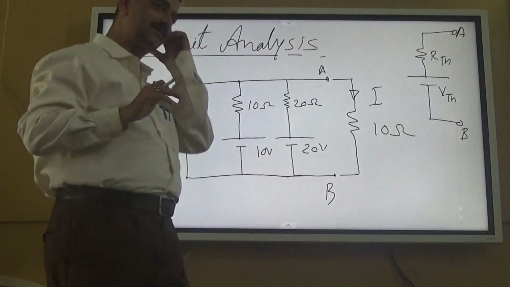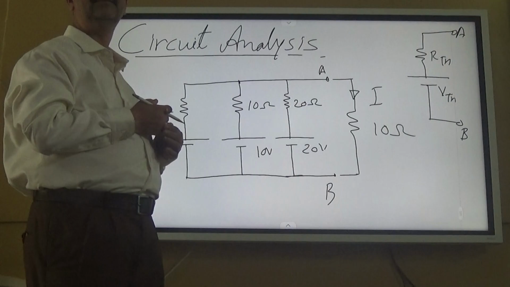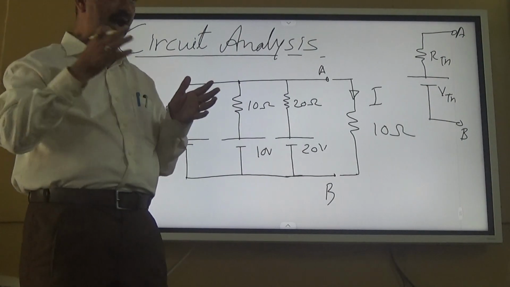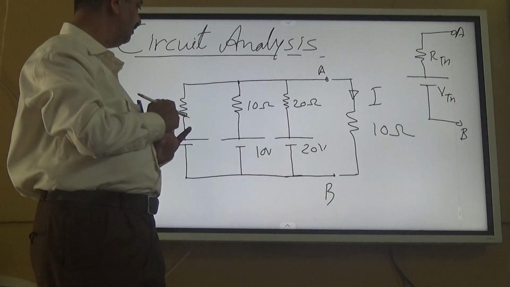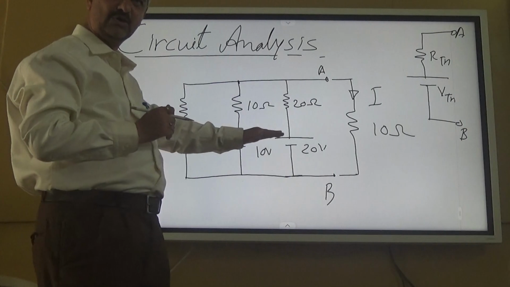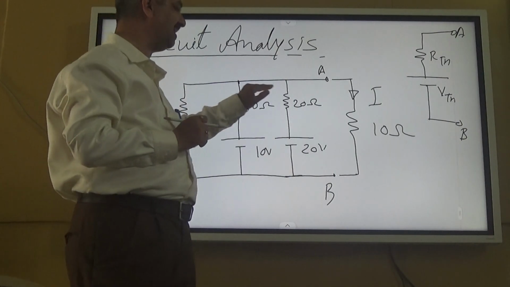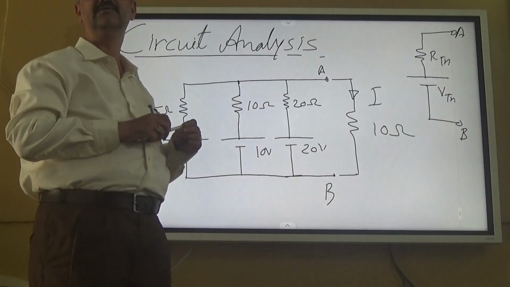So how will you calculate? Now how will you proceed further? Voltage sources. RTH you can instantly calculate: all are voltage sources, so you put a short. So 5 parallel 10 parallel 20. So what is that? 20 by 7.